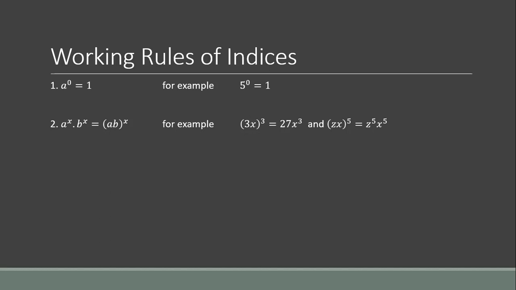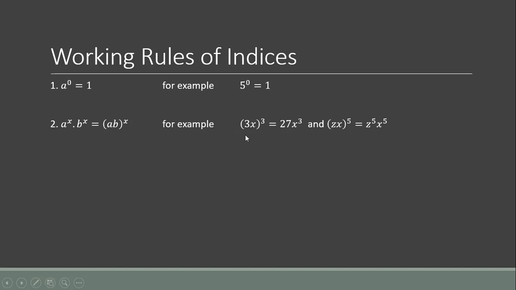If we find an expression in which two expressions are multiplied and their indices are the same, then we can multiply the bases first, then put the index over the expression, like a to the power x into b to the power x equals ab whole to the power x. Remember that if there were a plus sign here, we could not do this.